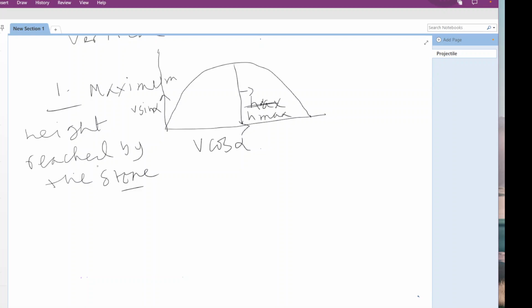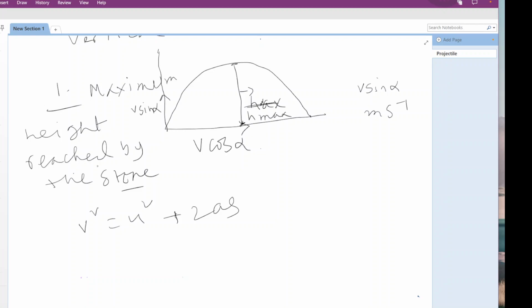Applying the equation of motion, v squared equals u squared plus 2as. Think of it as if the stone were thrown vertically upward with velocity v sin alpha meter per second, and it travels from here to here.